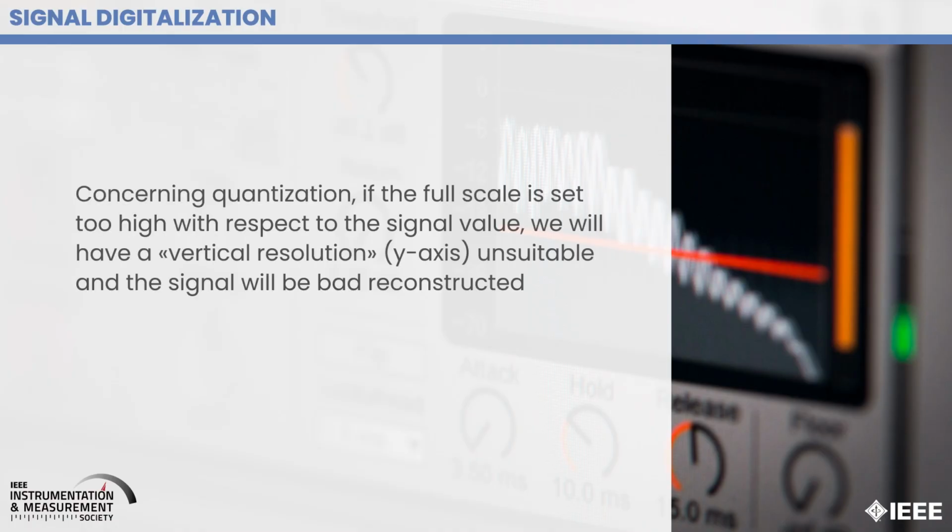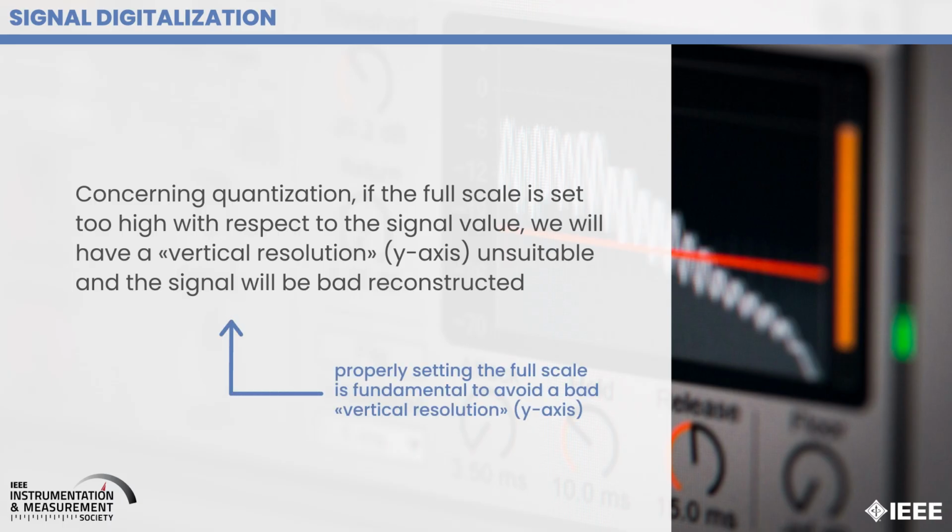Moreover, it is important to balance between time resolution and acquisition time, avoiding getting too much memory and to observe the whole phenomenon of interest. Concerning quantization, the most important aspect is to choose a proper full scale in order to avoid wasting resources and guarantee an optimal signal reconstruction with an adequate vertical resolution.